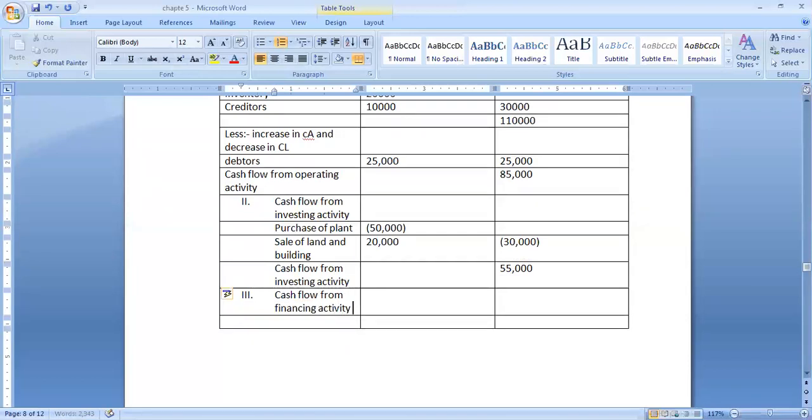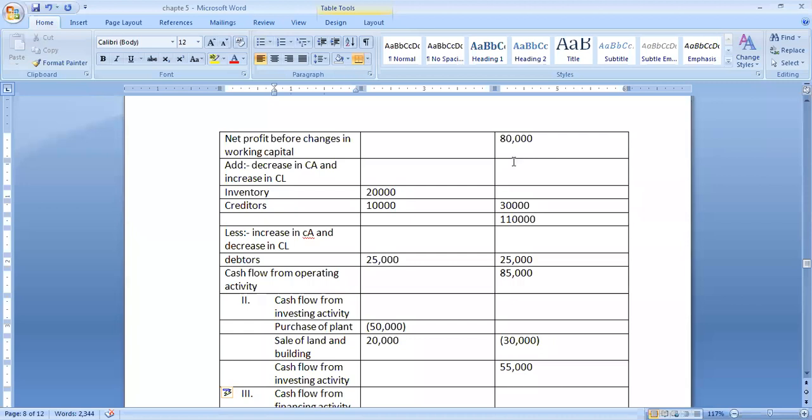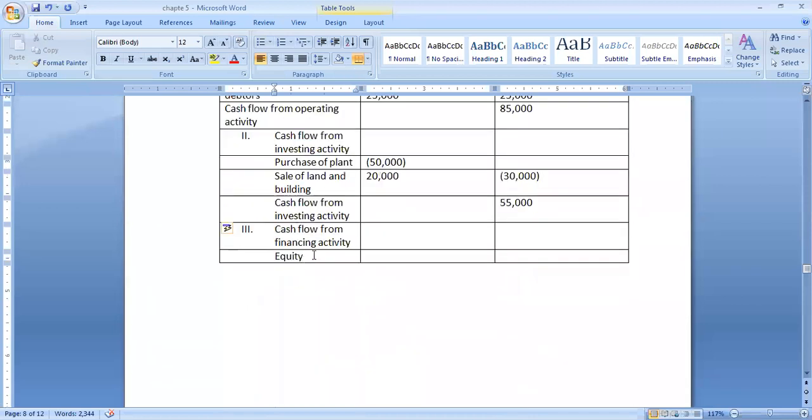Now, the last one that you need to proceed is cash flow from financing activity. Okay, here you will take the cash flow from financing activity.